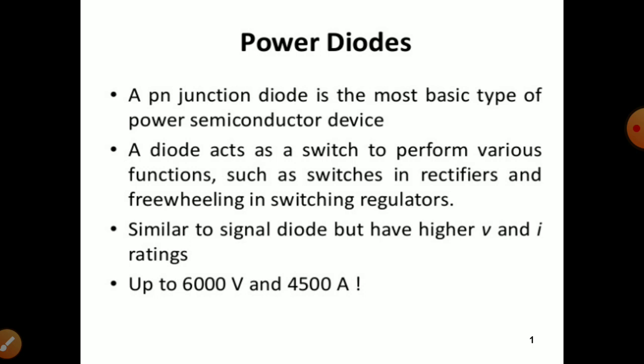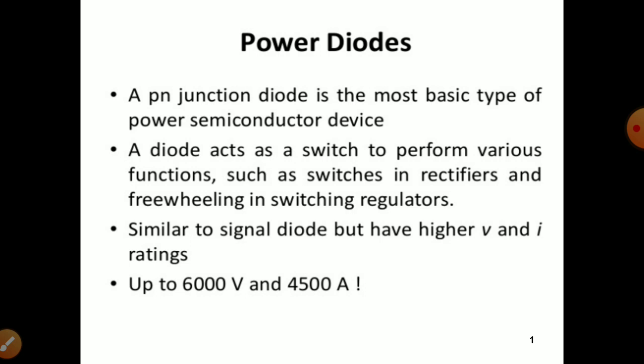Power diodes are similar to signal diodes but have higher voltage and current ratings. The characteristics of these power diodes are similar to those of the signal diodes which you already studied in the previous semesters. The difference is that they have higher voltage and current ratings, which is why it is called a power diode.